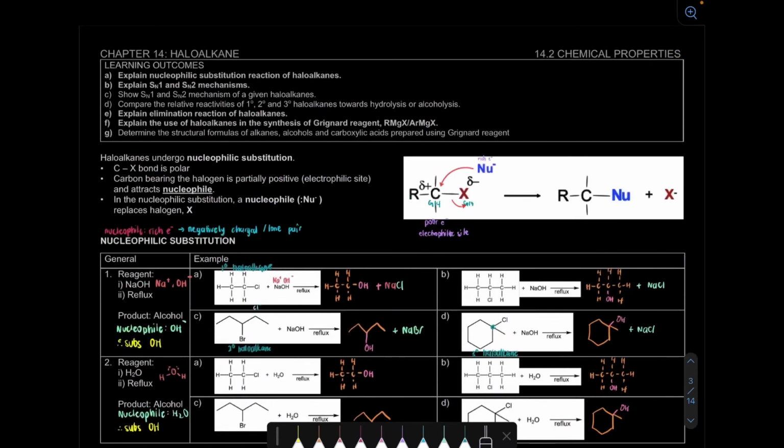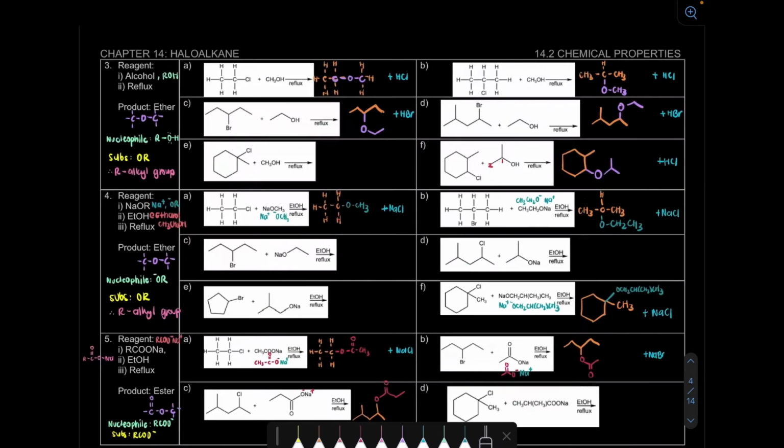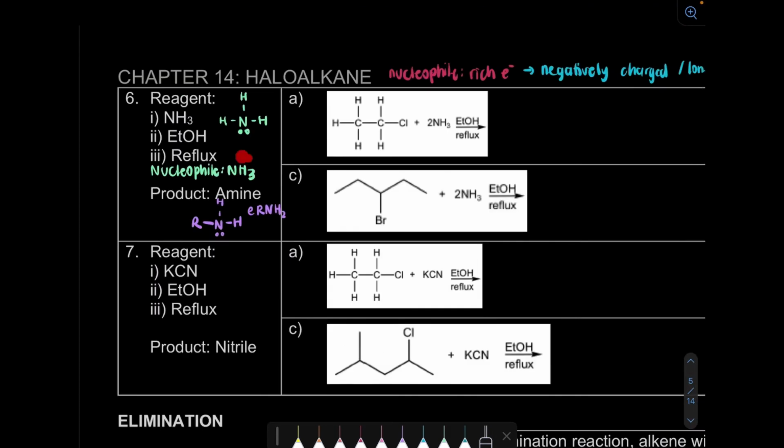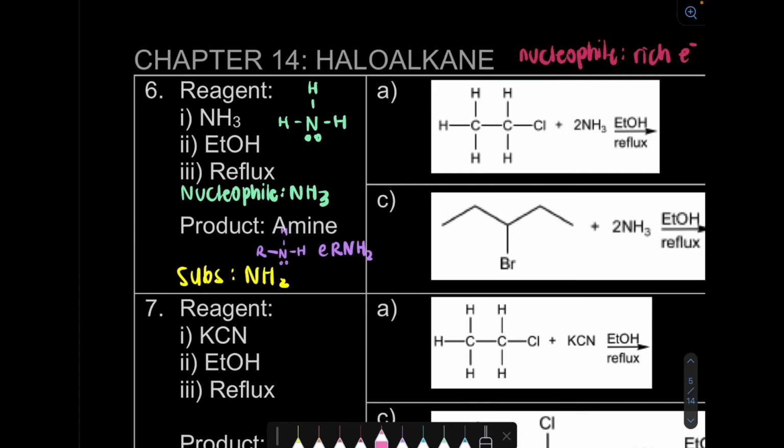Because for nucleophiles there are 2 types. One must be negatively charged, or have the presence of a lone pair. In this case, it is the presence of a lone pair on nitrogen. So what we're going to substitute is our halogen with NH2.